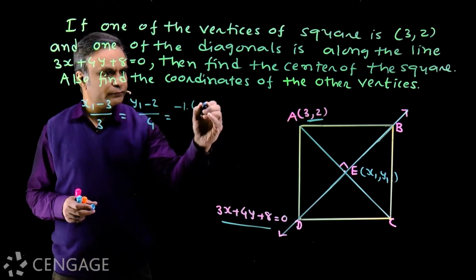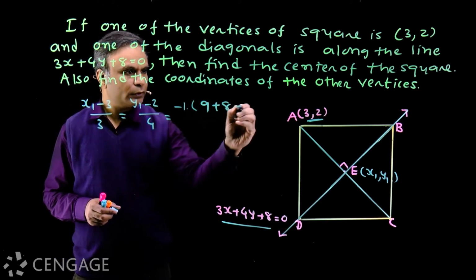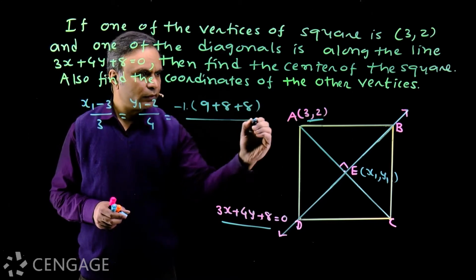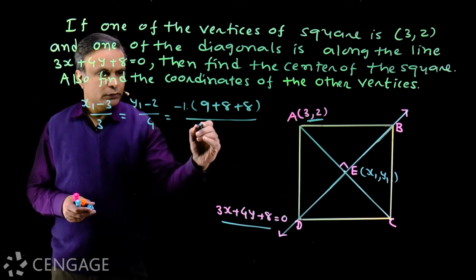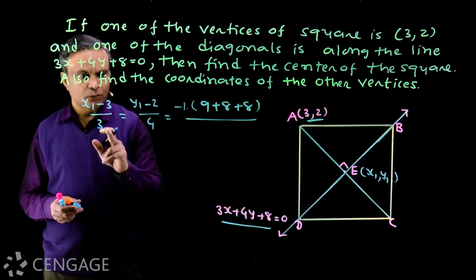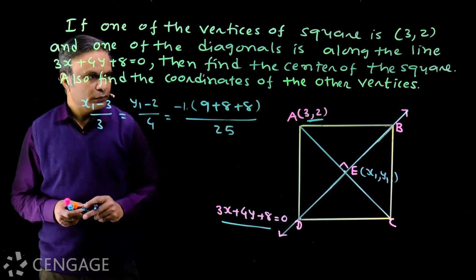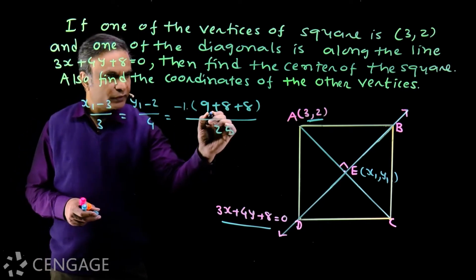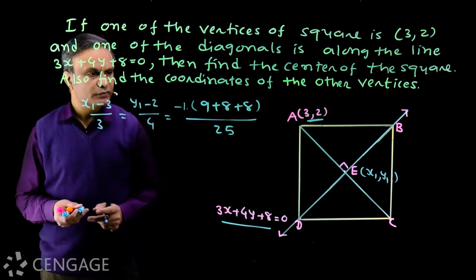So we have (9 + 8 + 8) upon a square plus b square. So we have here 9 plus 16, 25. Luckily this value is also 25. 16 plus 9 is 25.